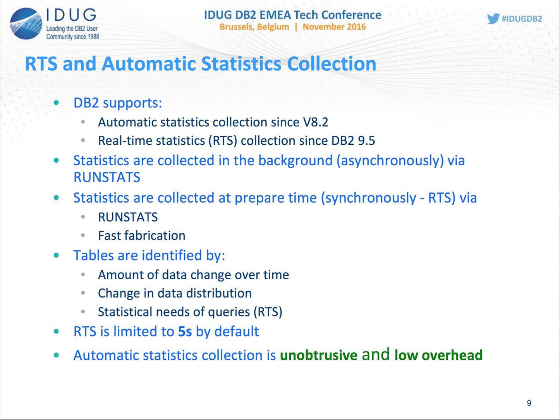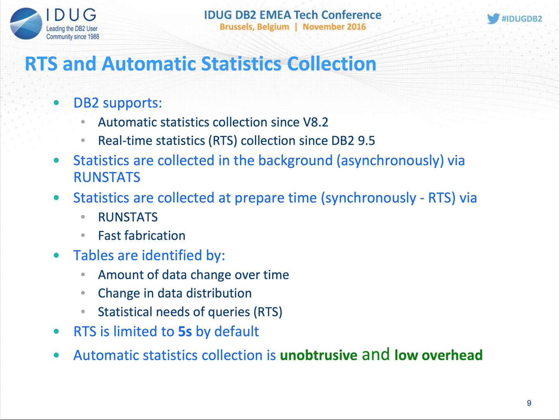Sure, it's all in this slide. So, the amount of change over time matters, but just because there's been a lot of update activity against that data doesn't necessarily mean that the distributions have changed. So it'll actually compare the data distributions over time, and if it doesn't think they've changed, it won't drive a RUNSTATS.